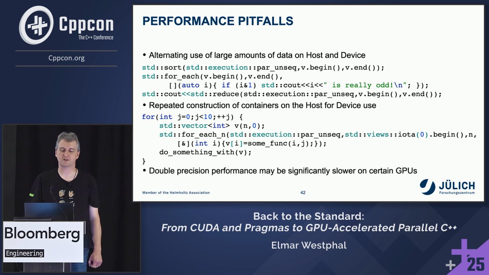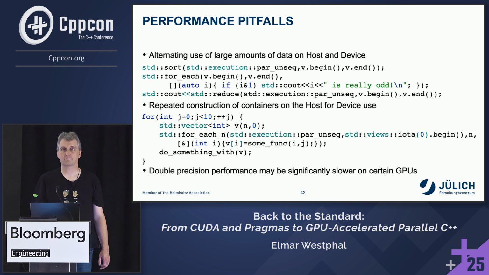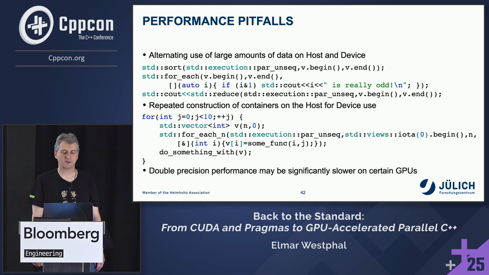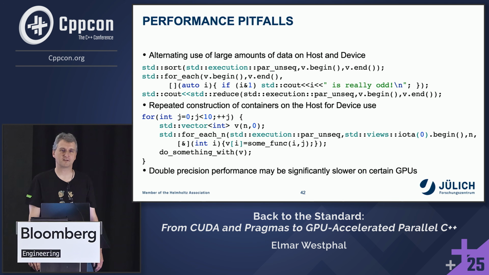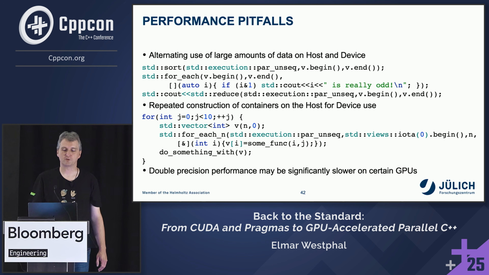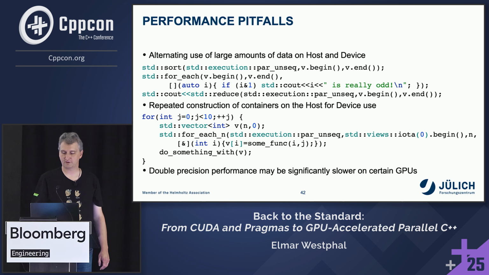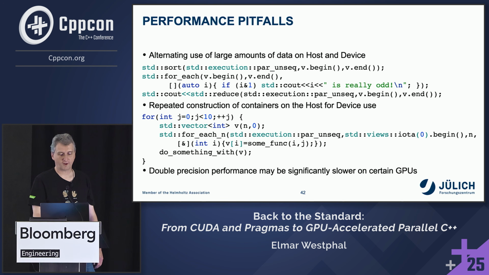That way we have first touch on the CPU. Then we do something with this vector on the GPU, and this means that even though it was unused before, the data will be transferred. If we do this in a loop, the vector is destroyed again, and then it is constructed again, and so on, and we have lots of data transfers that we do not need. So the solution here would be to take the vector out of the loop, and then your performance problems go away.